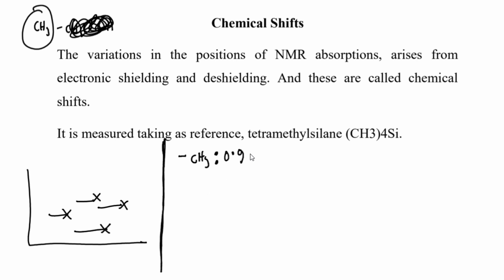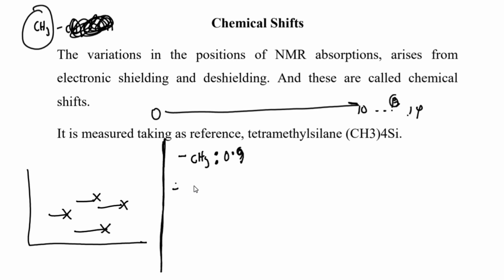Please take note of that. The table is always between 0 to 10, but can be extended to like 14 depending on the type. Sometimes you might even see it's up to 12. So CH3 is 0.9, right?